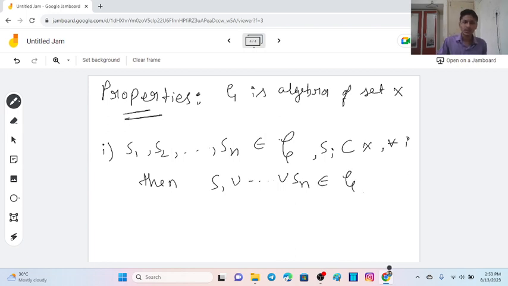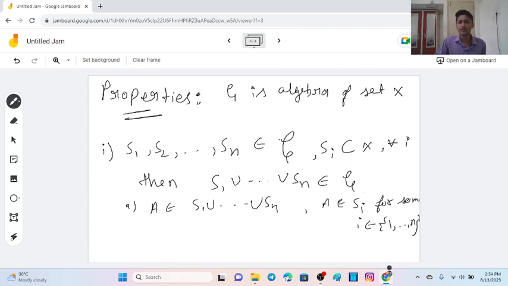Okay, it's very easy to check because we have to check only two conditions. The first condition: if A belongs to the union S1 union through Sn, then what happens? We know A belongs to Si for some i in 1 to n, right?